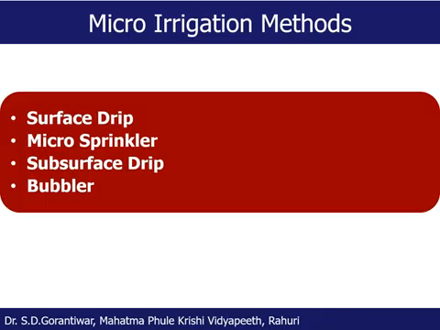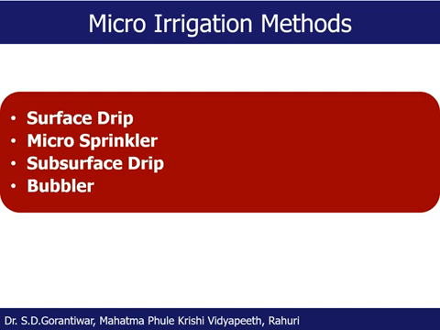So we'll see these methods one by one, and as our training topic is components actually, we'll try to see the components of micro irrigation methods, and at the same time their advantages and disadvantages.